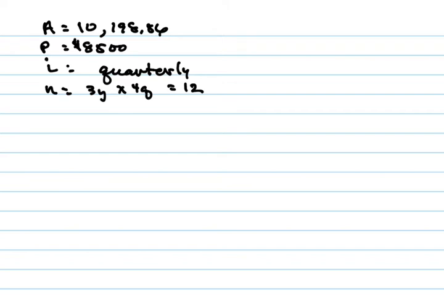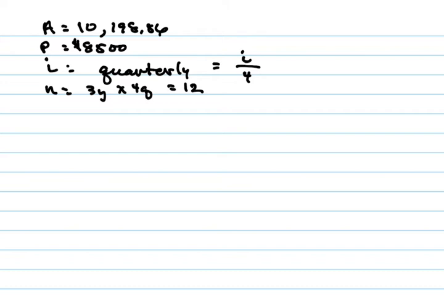Okay? So, we can do a little bit with this. I'm looking for I. I don't know what I is, but I do know I. In order to use it, I'm going to have to divide it by what? By 4. Okay.